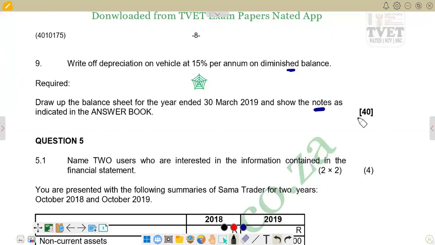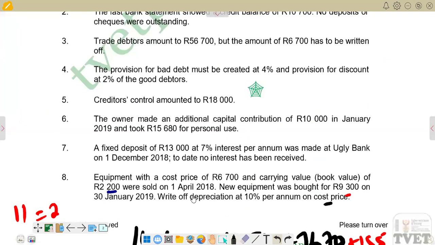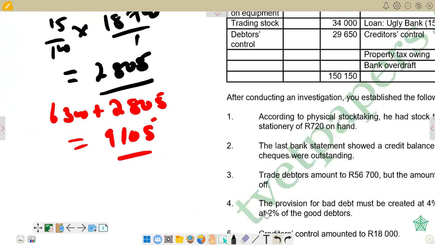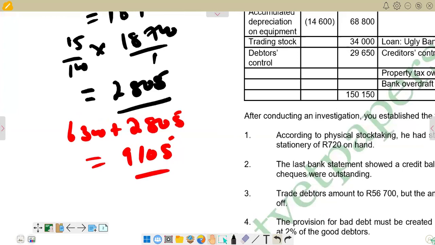We are doing the same thing that we did at first. The carrying value at the beginning was 18,700. So we calculated 15% times the carrying value at the beginning, 18,700, and we got 2,805. So this is our depreciation for the year for vehicles.